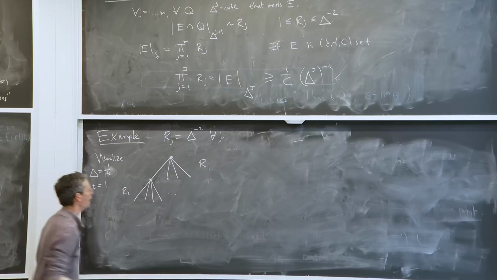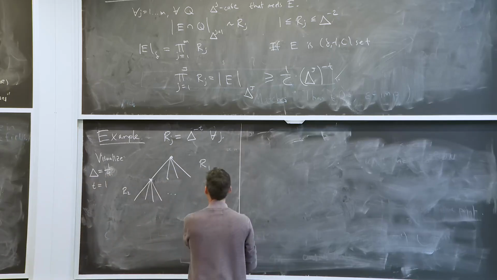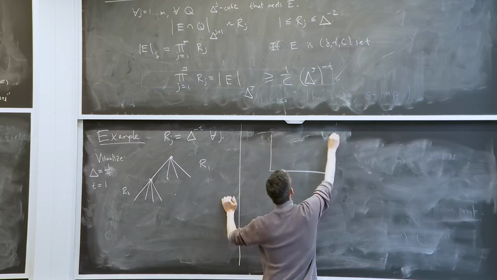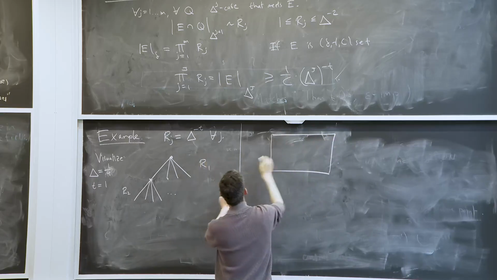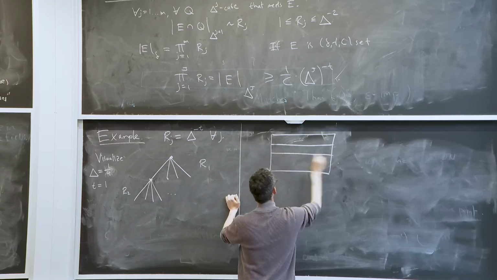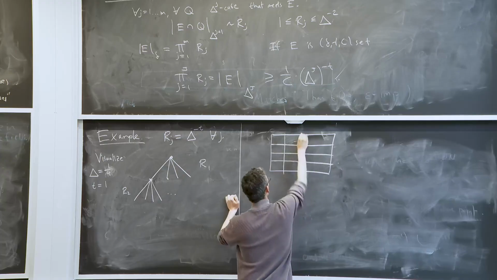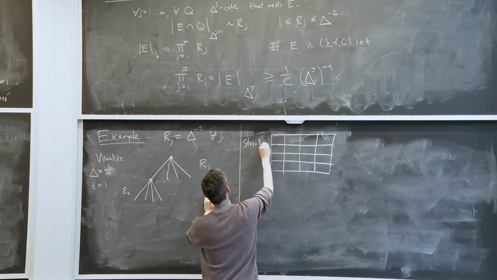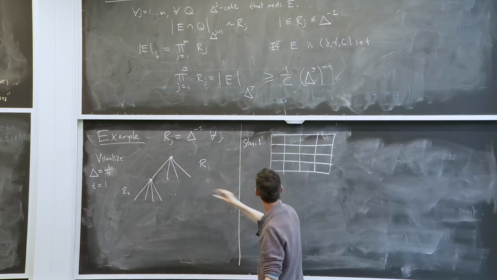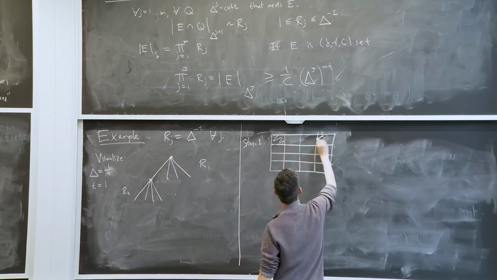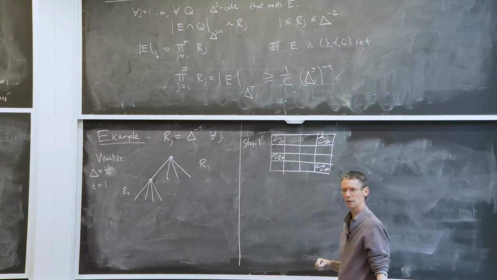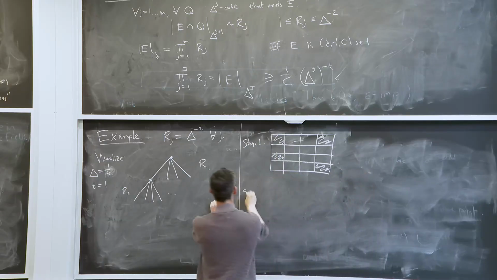OK, now let's do the next stage of our visualization. We started with a square, and we cut it into smaller squares of side length delta. So that looked like this. This is stage 1. And r_1 is 4, so we took 4. So maybe this one. OK. Stage 2.